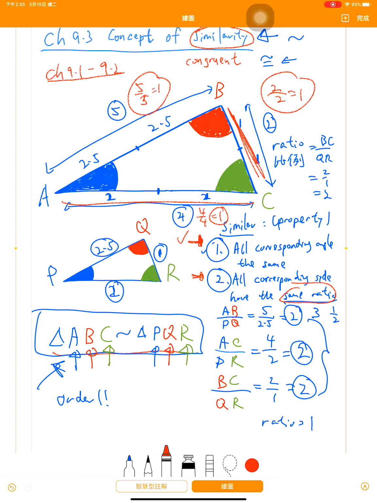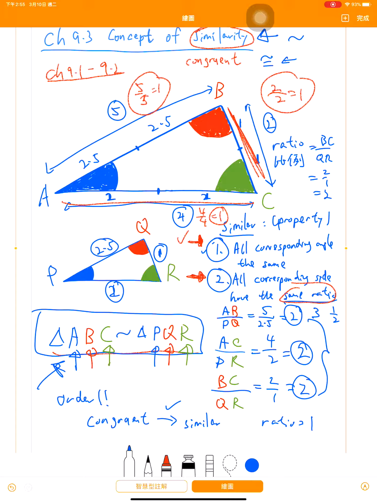So we can see when the 2 triangles are totally the same, they also satisfy these 2 properties. That means when 2 triangles or 2 figures are congruent, then they must also be similar. Okay?